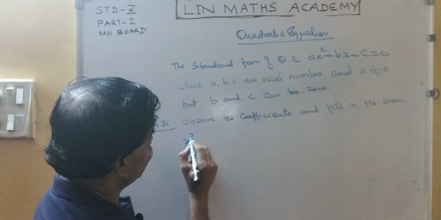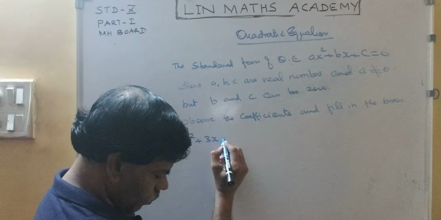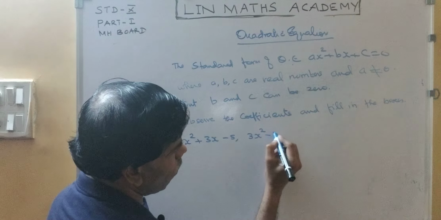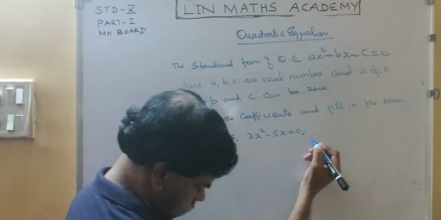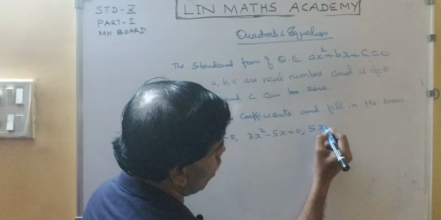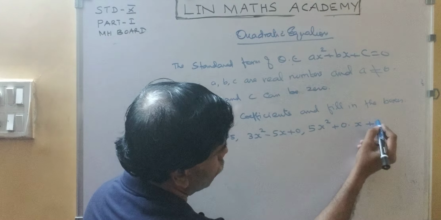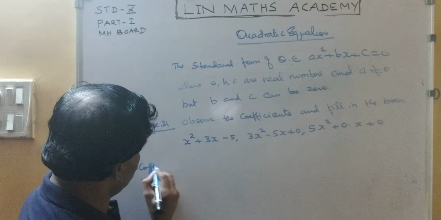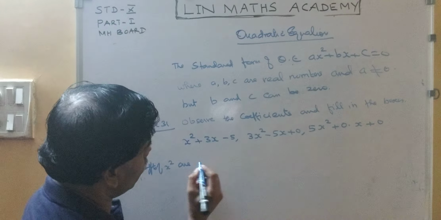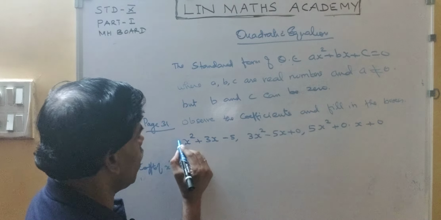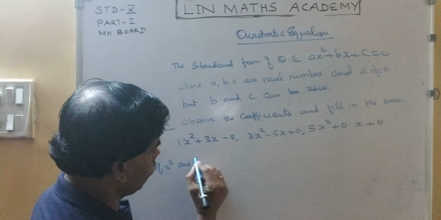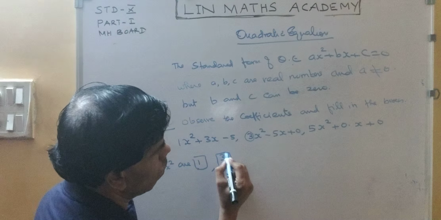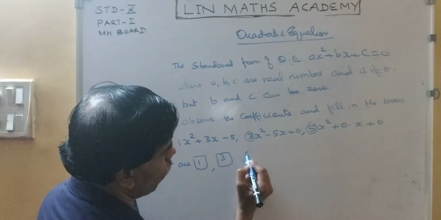Okay. x square plus 3x minus 5, 3x square minus 5x plus 0, 5x square plus 0x plus 0. Now, the coefficients of x square: what is the coefficient of x square here? 1. What is the coefficient of x square here? 3. And here? 5.